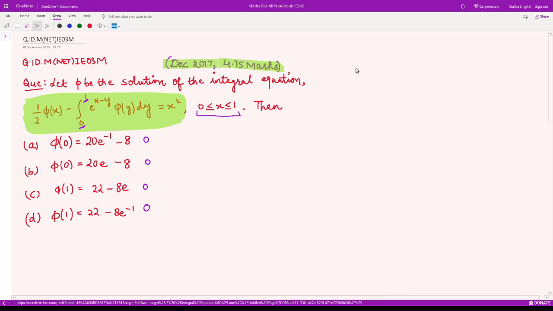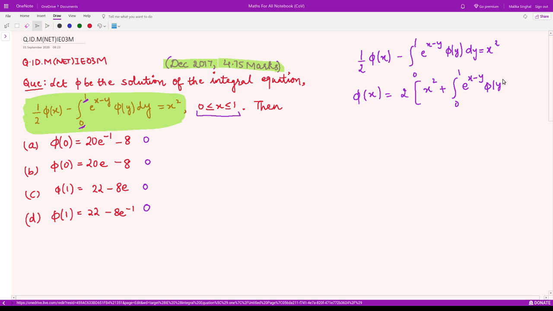Let us get started. So let the equation 1 upon 2 phi of x minus integration from 0 to 1 e to the power x minus y phi of y dy is equal to x square, could be rewritten as phi of x is equal to 2 multiplied by x square plus integration 0 to 1 e to the power x minus y phi of y dy, right?